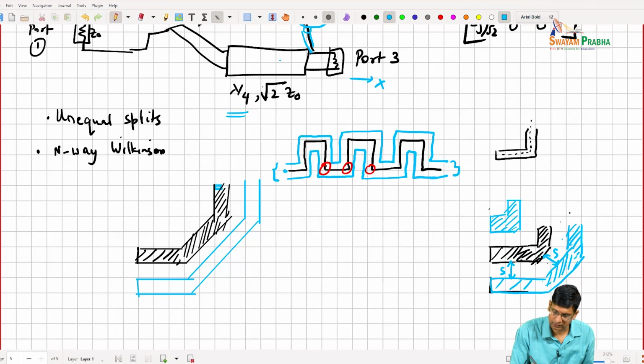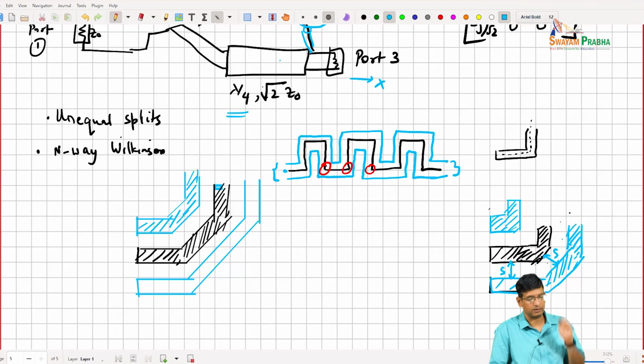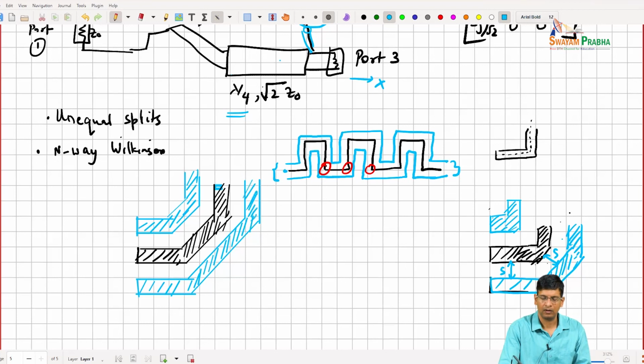In this case, you have to have the same spacing. So you get something that is even smoother.